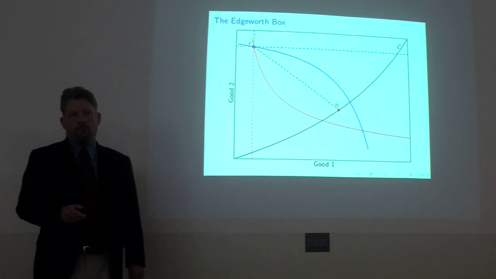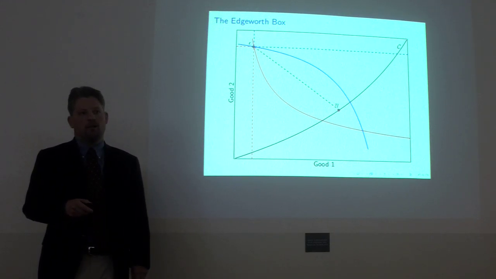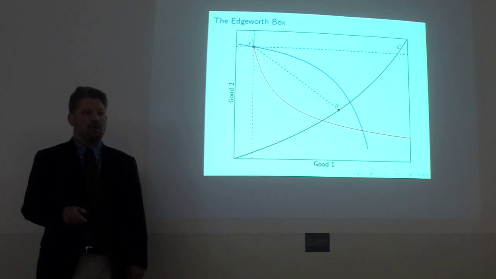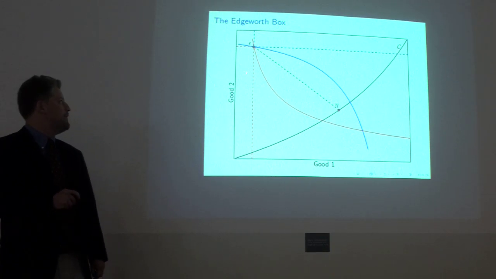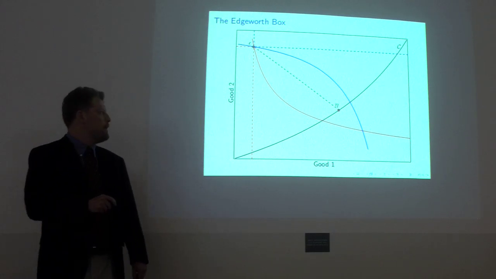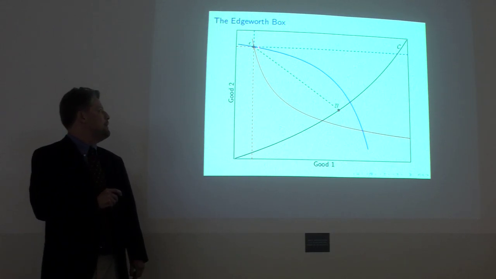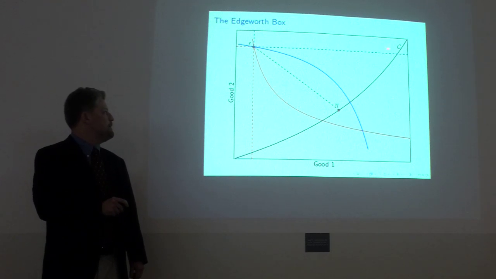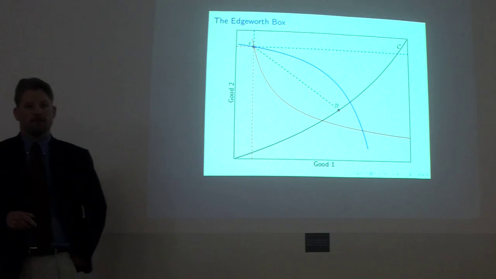And I can represent the allocation of these two goods between the two agents with a single point in the space. What this endowment here means is agent 1, which is represented by this corner, has this much of good 1 and this much of good 2. Agent 2 has this much of good 2 and this much of good 1.